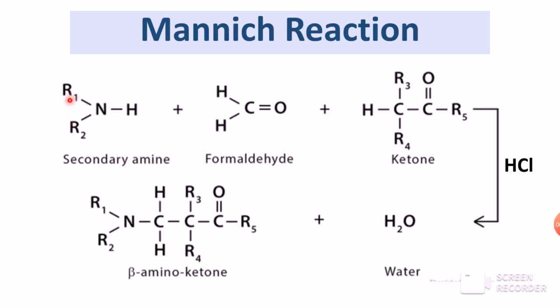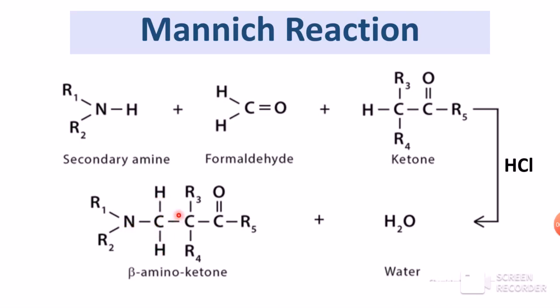If we use ammonia in place of a secondary amine, we can use a primary amine, secondary amine or ammonia here. When we use ammonia, then R1 and R2 become hydrogen atoms, so here there will be an NH2 group, and this is the methylene group, meaning the CH2 group.